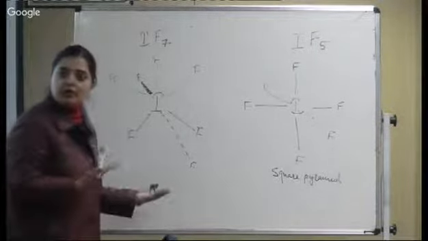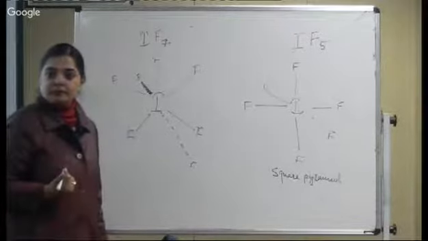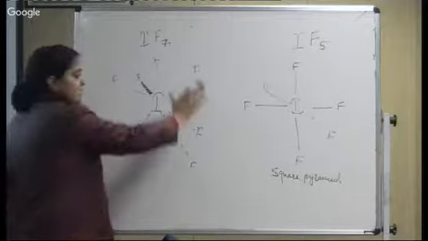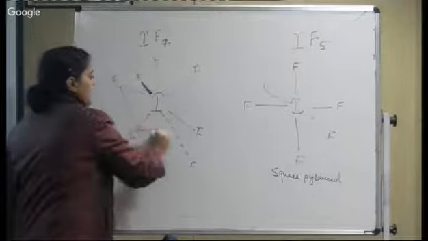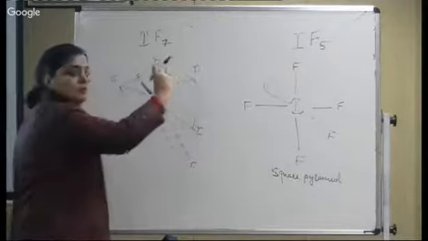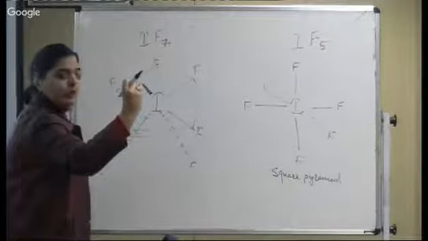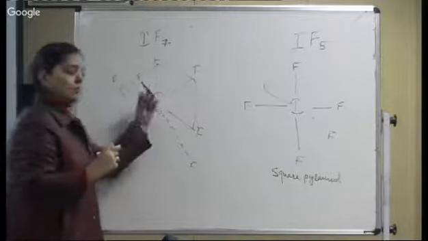Clear? What kind of geometry would this be? Pentagonal bipyramidal. It's a pentagon in the plane, with 1 pyramid coming towards you from the blackboard, and 1 going at the back.